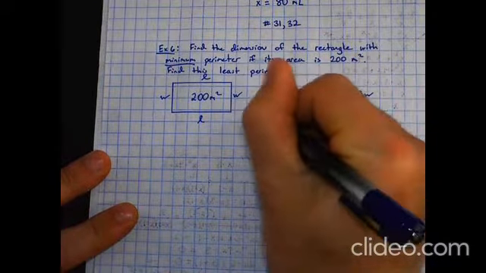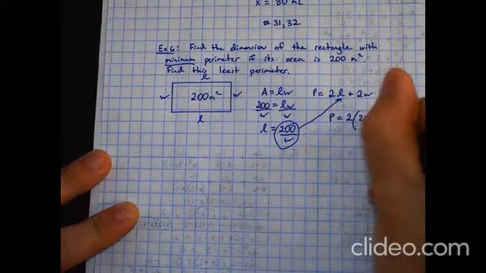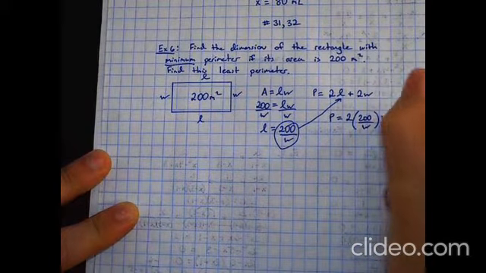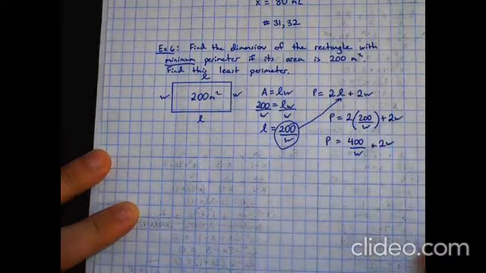Let me solve for L. So L is going to be 200 divided by W. So I'm going to plug that in for L right there, just so that the perimeter is all in one variable. So 2 times 200 divided by W plus 2W. So we got 400 over W plus 2W equals the perimeter.